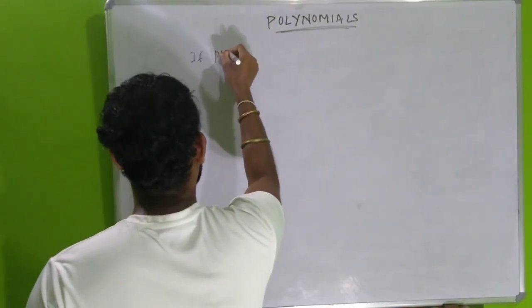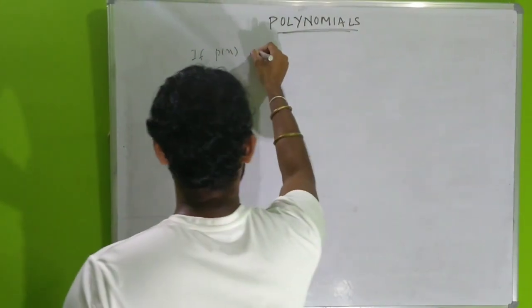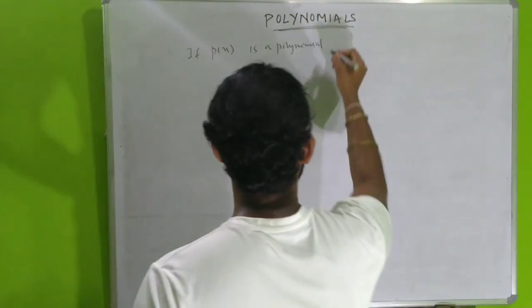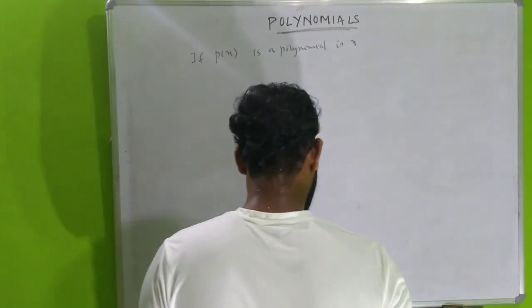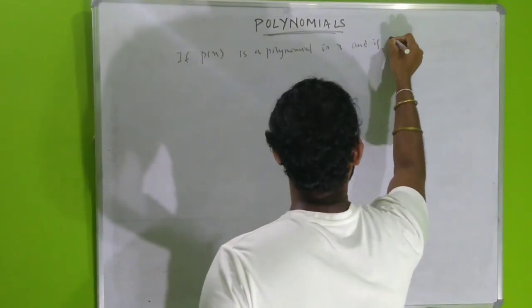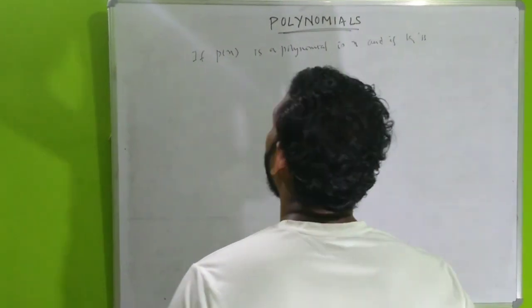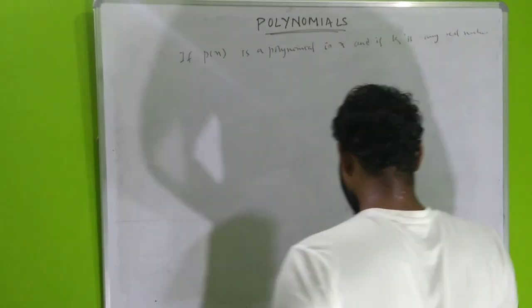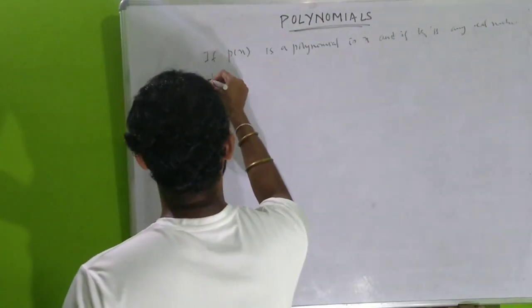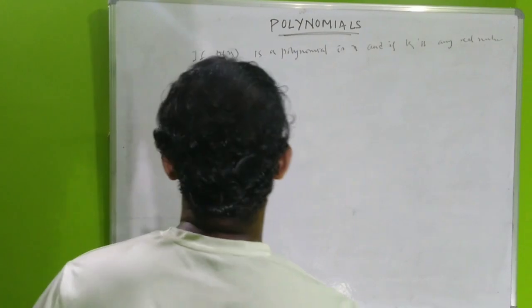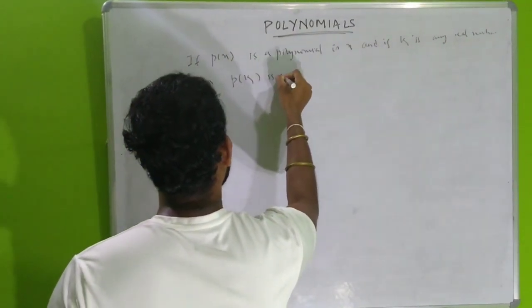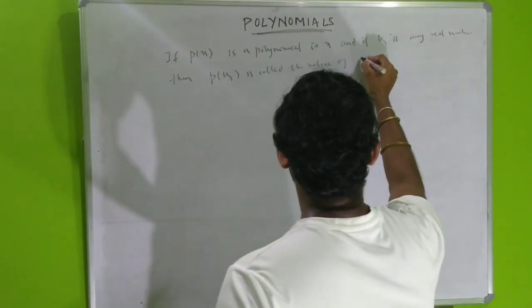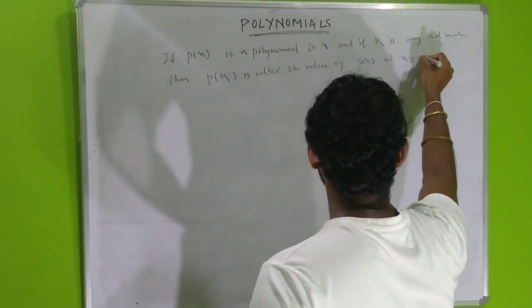If p(x) is a polynomial in x, and if k is any real number, then p(k) is called the value of p(x) at x is equal to k.